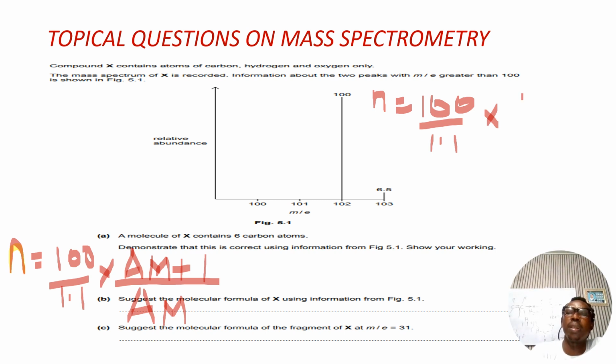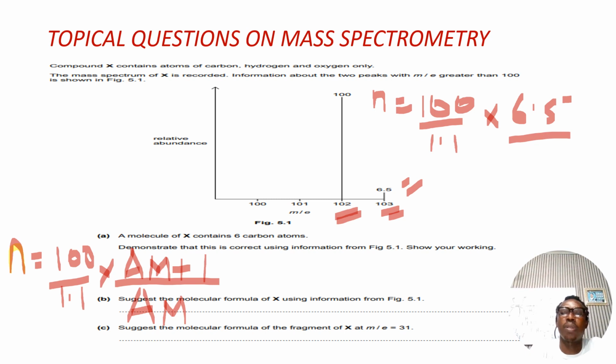From the graph, this is the molecular ion, and this is the molecular ion plus 1 peak. The abundance of the molecular ion plus 1 peak is 6.5, divided by the relative abundance of the molecular ion peak, which is 100.